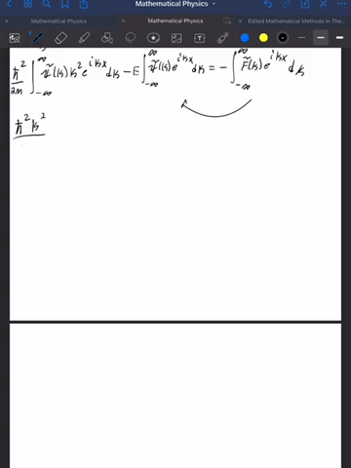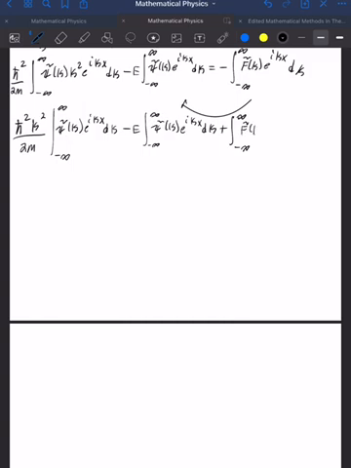H bar squared k squared over 2m, the integral from minus infinity to infinity of psi tilde of k e to the I kx dk, minus E times the integral from minus infinity to infinity of psi tilde of k e to the I kx dk, plus the integral from minus infinity to infinity of f tilde of k e to the I kx dk is equal to 0.